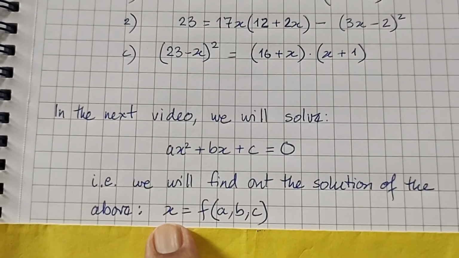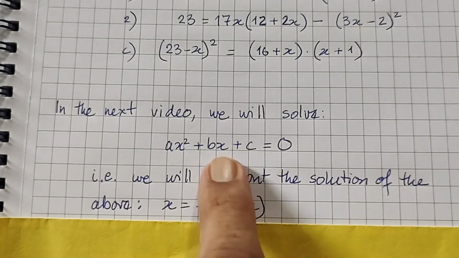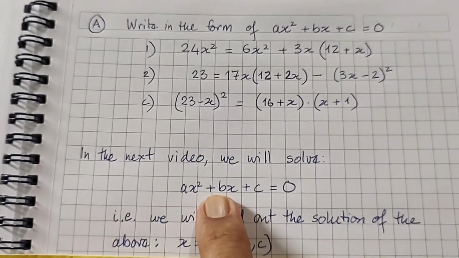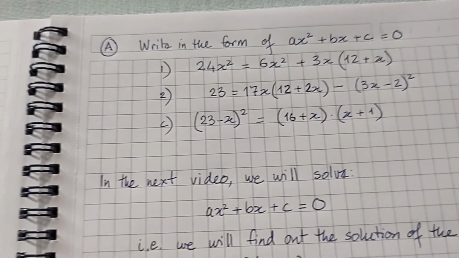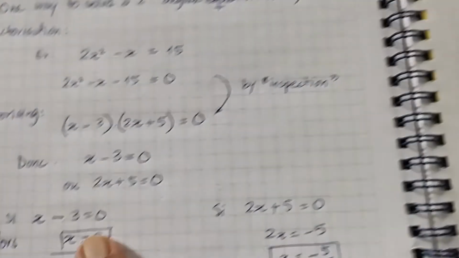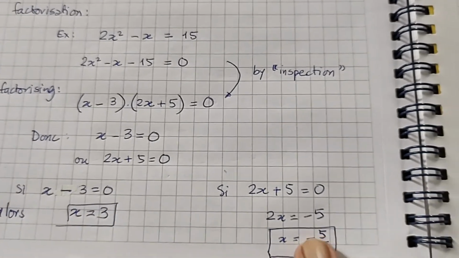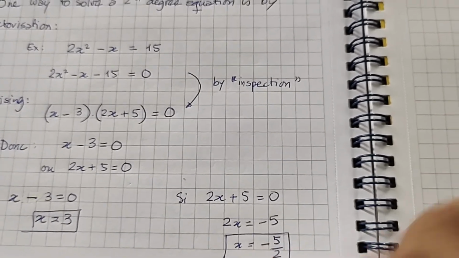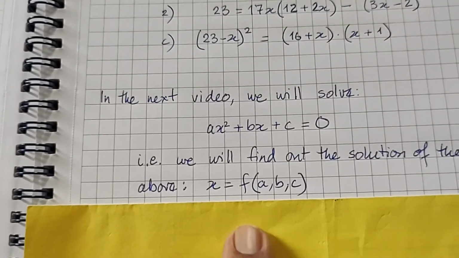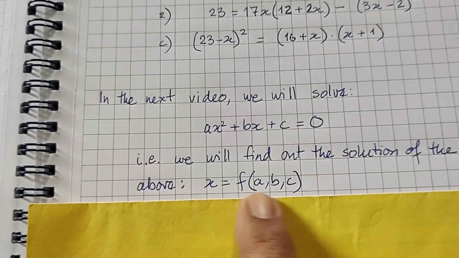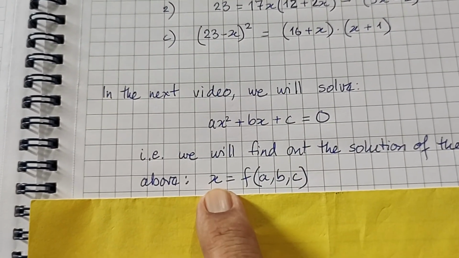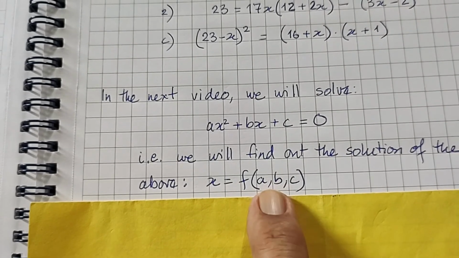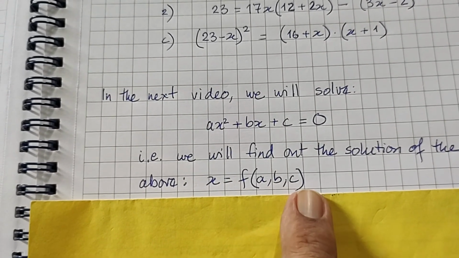I am saying values in plural because you will have two solutions to quadratic equations. Like here we saw, we got two solutions, x is equal to 3 and x is equal to minus 5 over 2. So similarly, we will get a formula where x will be on the left side and on the right side will be combinations of a, b and c.